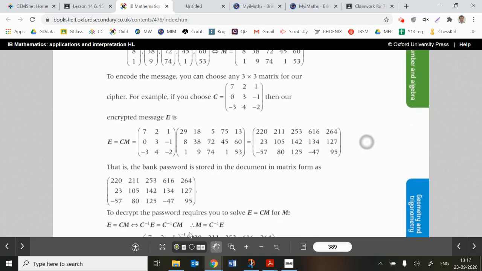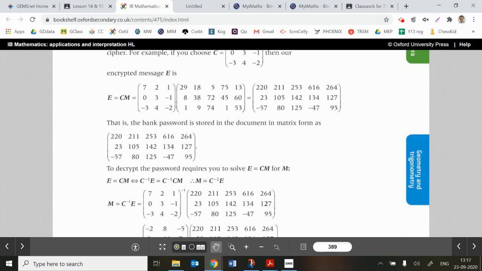So the bank will have that cipher matrix. You put in your password, it combines with the cipher, and it gives you out this new 3x5 matrix at the end. And the bank recognizes that and says, okay, we accept you in here because this matches. Okay, but you can decrypt this as well.